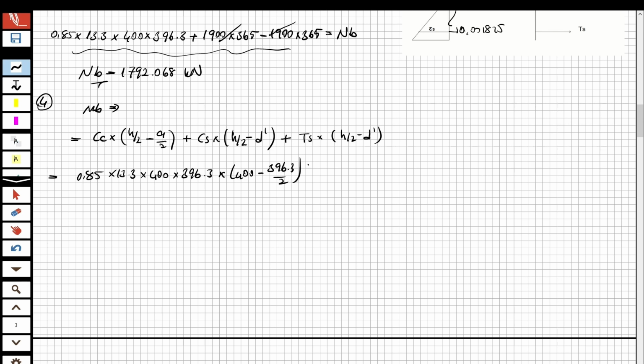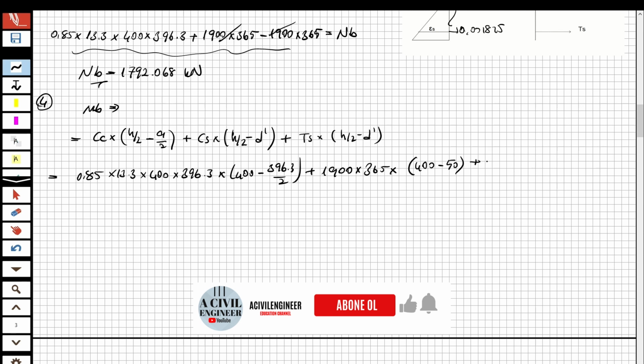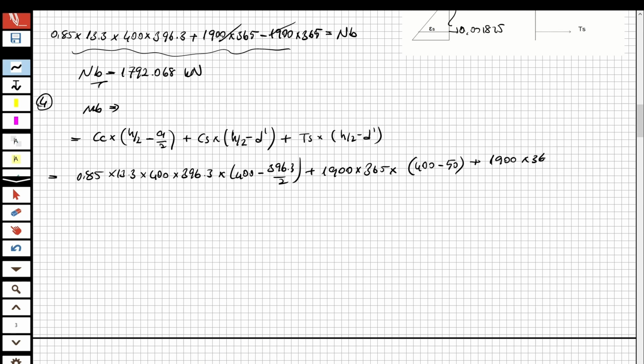Okay, and also plus for the compression steel, 1900 multiplied by 365 and multiplied by h over 2, 400 minus d prime 50, plus tension steel. What is tension steel? It's again the same, 1900 multiplied by 365 and multiplied by 400 minus 50.